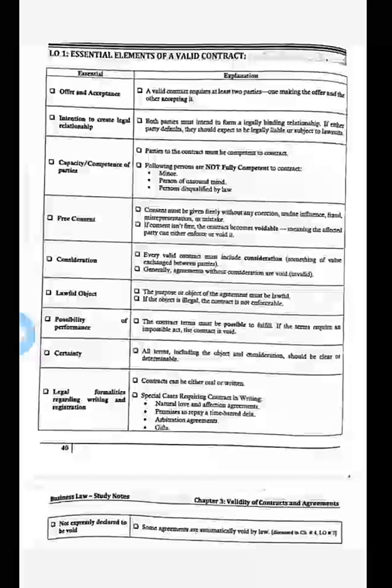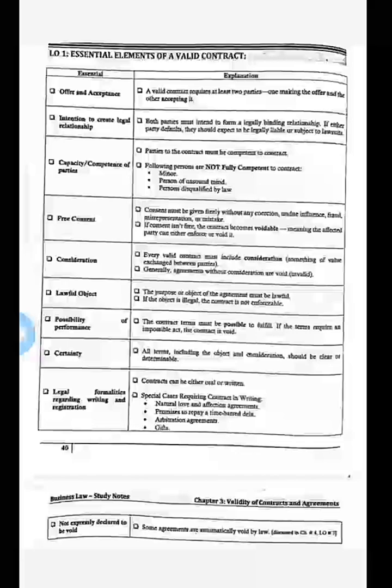So what are the essential elements of a valid contract? There exist the offer and acceptance, which we have discussed so far. Then we have intention to create legal relationship. We have separate chapters on each essential element of a contract. We have discussed offer and acceptance.